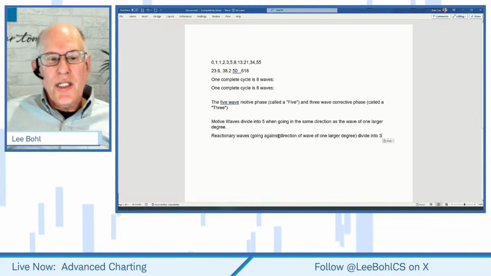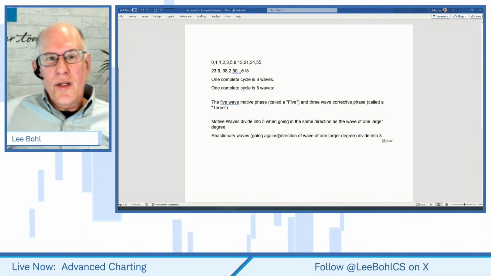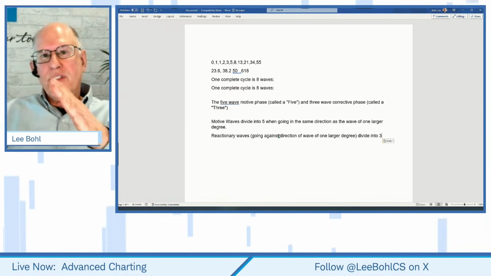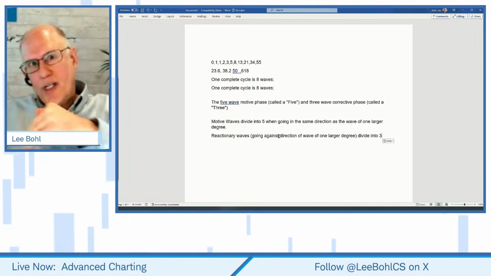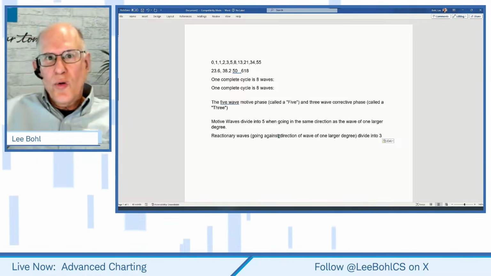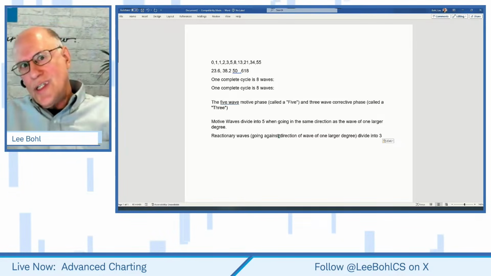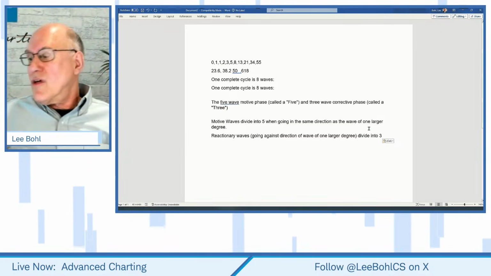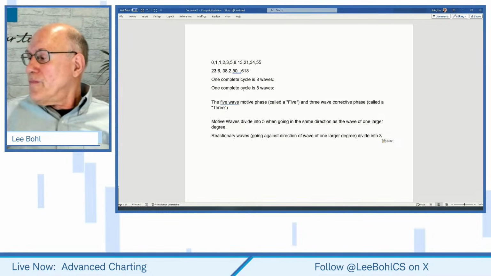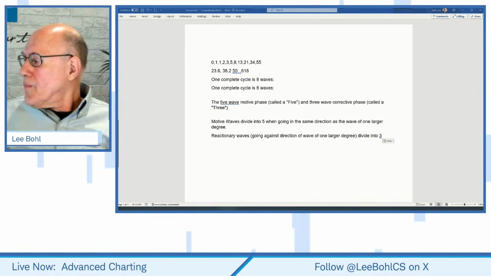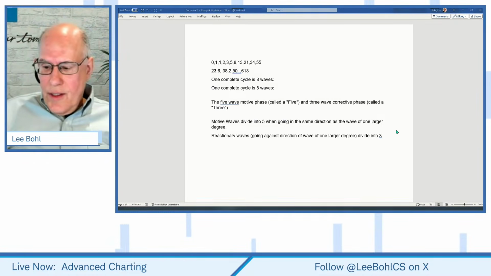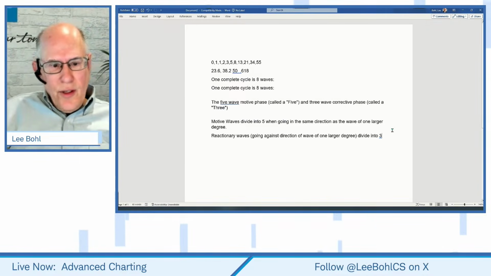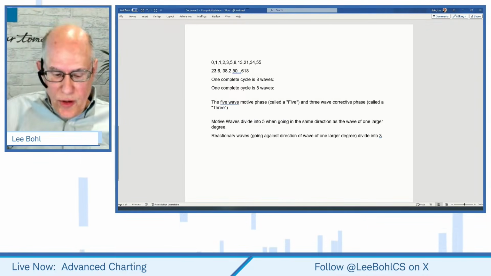I showed you that on the ABC. The B wave, which is going in the opposite direction of the general corrective wave, might divide into 3, where the A and C waves, which are going in the same direction as the correction, would divide into 5. These are rules that we employ when we're trying to do wave counts.